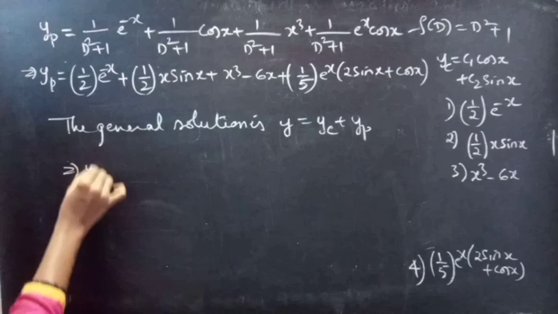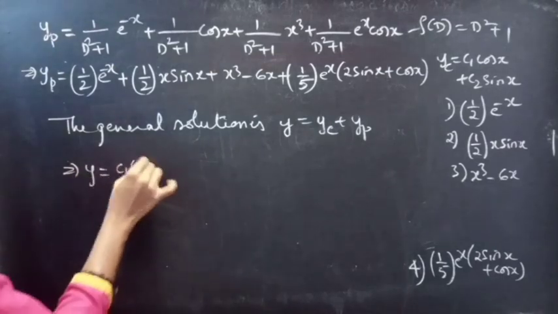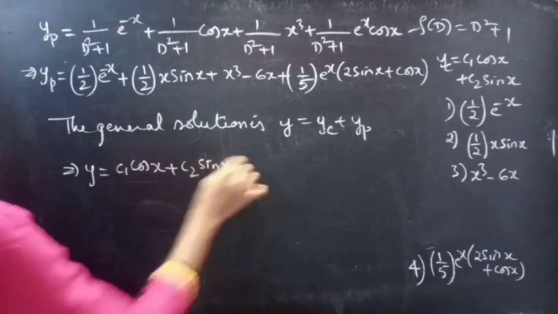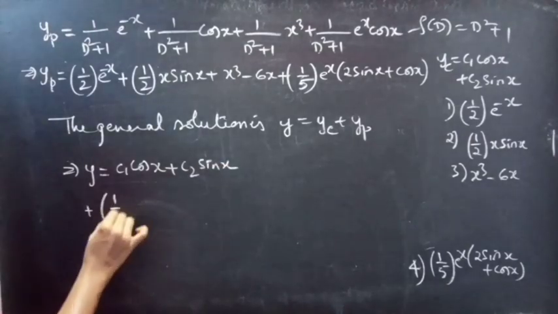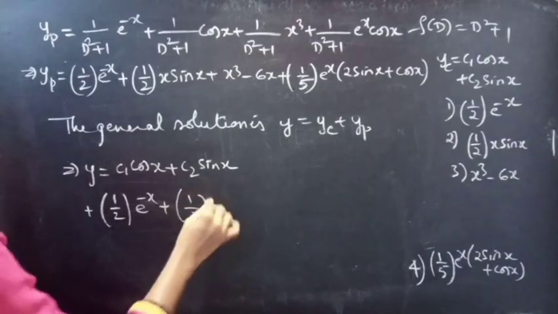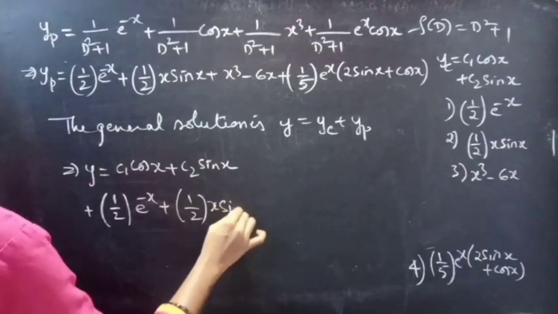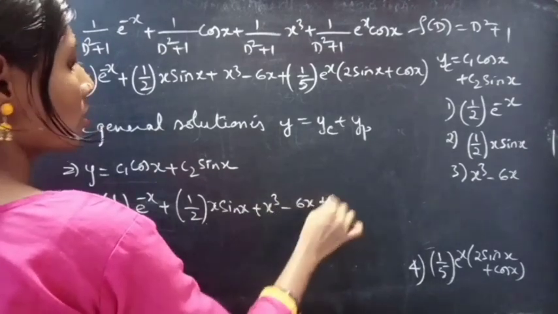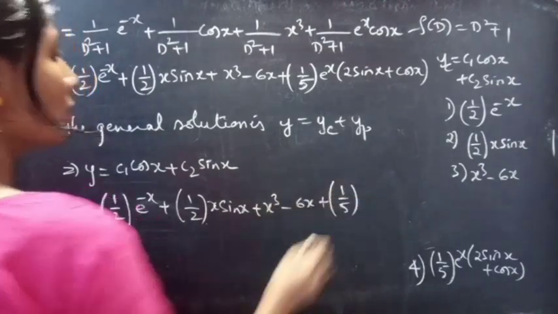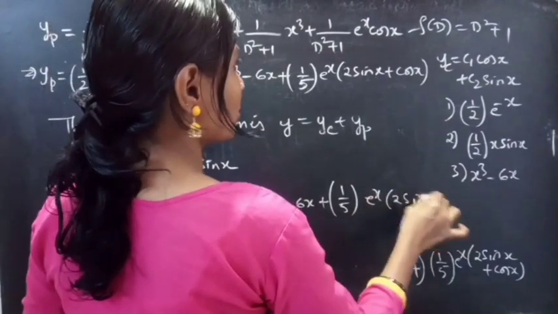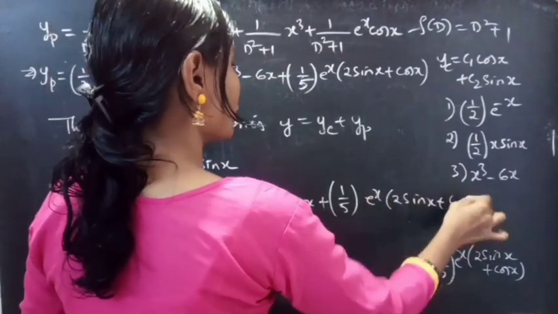Then y equals yc, we have c1 cos x plus c2 sin x, plus yp, 1 by 2 e power minus x plus 1 by 2 x sin x plus x cube minus 6x plus 1 by 5 into e power x into 2 sin x plus cos x.